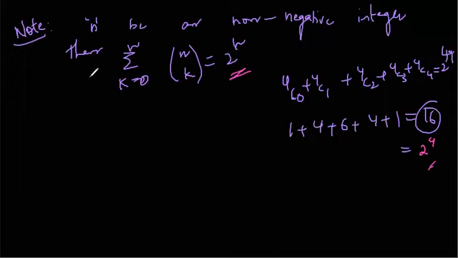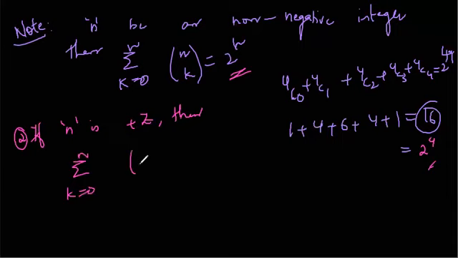Okay. So next, similarly, we can also say second point to be remembered is if n is a positive integer, then the sum over k is equal to 0 to n of (minus 1) power k nCk.